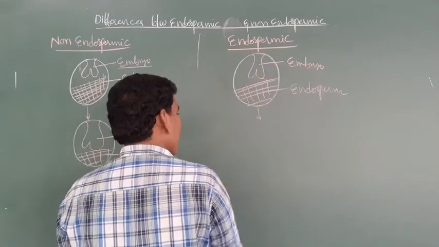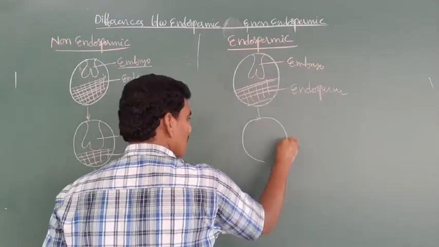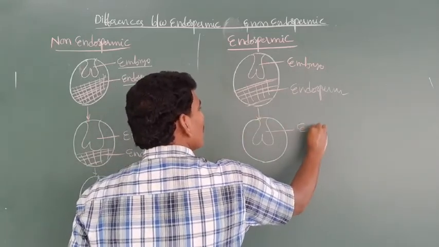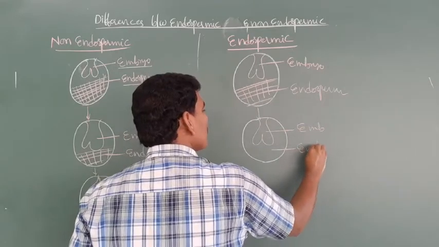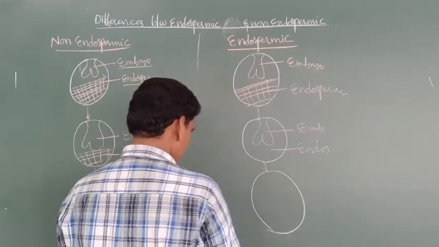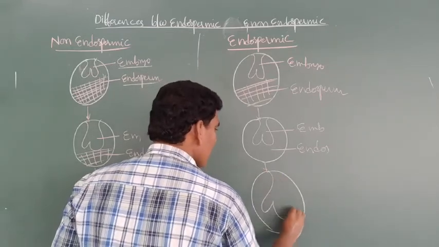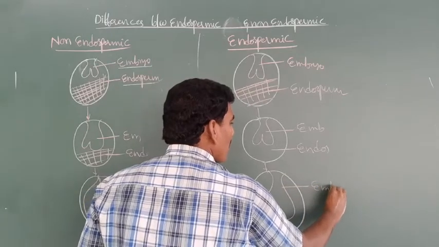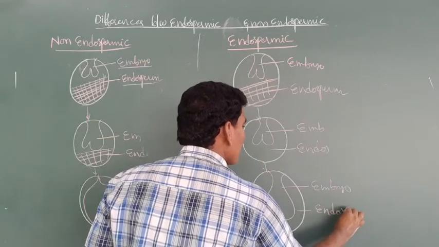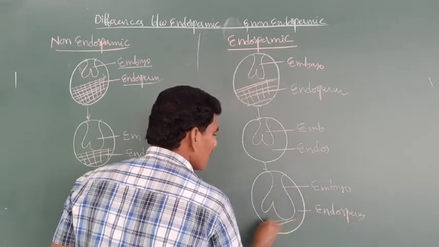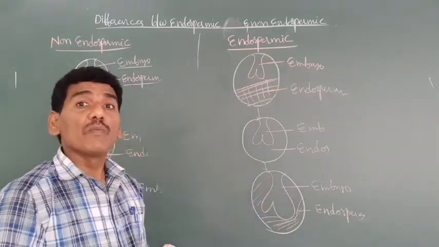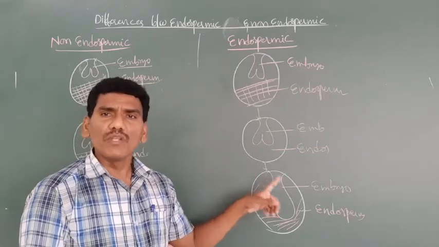In the next diagram, this is the embryo and this is the endosperm. In endospermic seeds, the endosperm is not completely utilized for the development of the embryo.